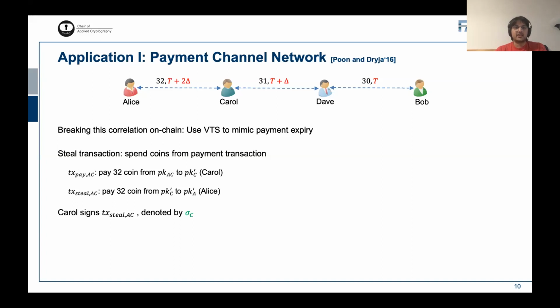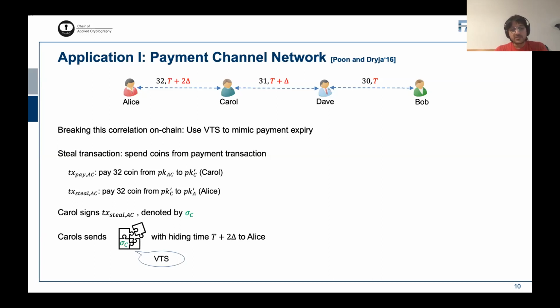So whenever Carol posts the payment transaction and gets paid 32 coins, Alice can immediately steal back. We don't want this. Instead, what we want is that if Carol posts the payment transaction after time t plus 2 delta, then Alice can steal the money back. So this is what we want.